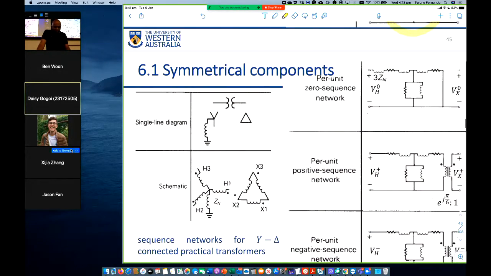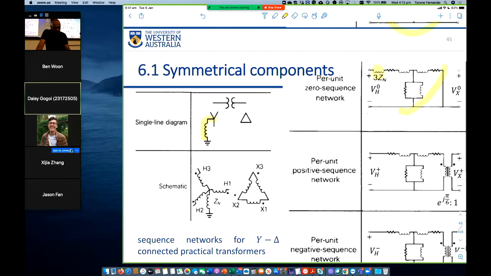So here we are looking at a Y-delta connection of a transformer. The Y neutral is connected to ground. Delta has no neutral. So on the primary, zero sequence current can flow because there is a connection between the neutral and the ground. So here is the 3 times Zn.